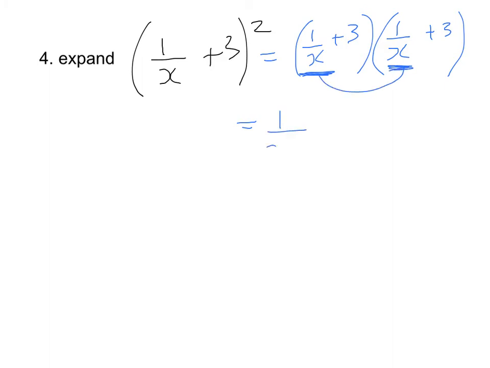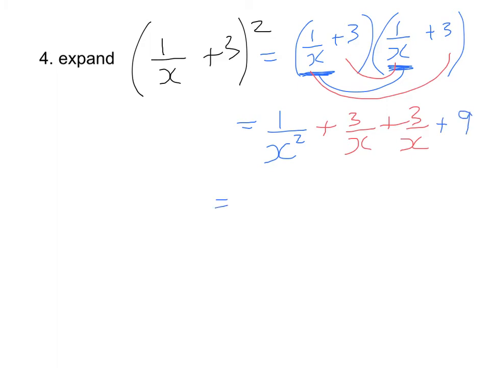So that will be 1 over x squared. Next, I'm going to multiply these two terms, and then these two terms. So as usual, I'll have 4 parts, and then lastly, our nice easy 3 times 3.